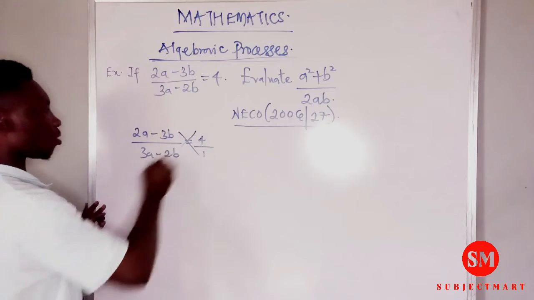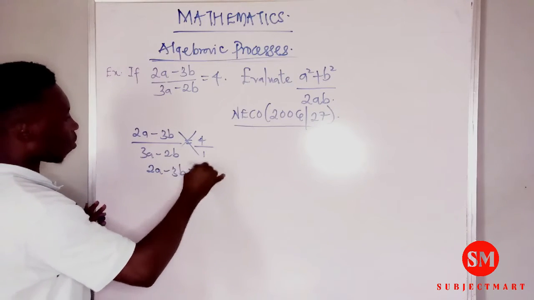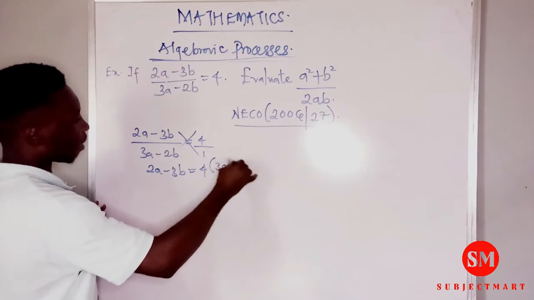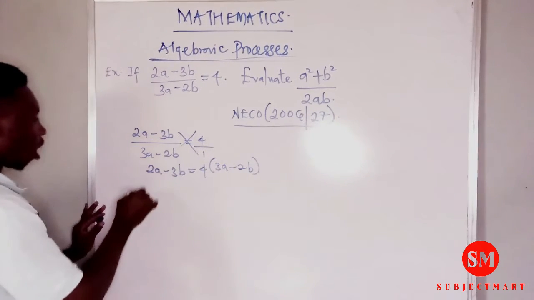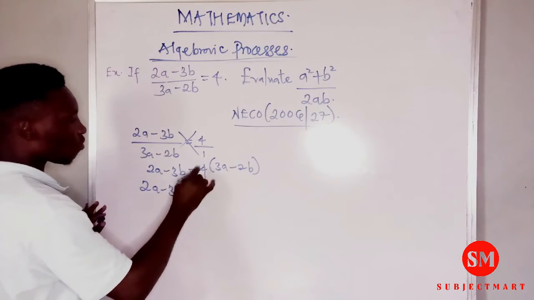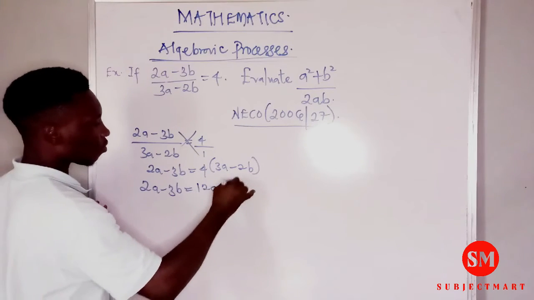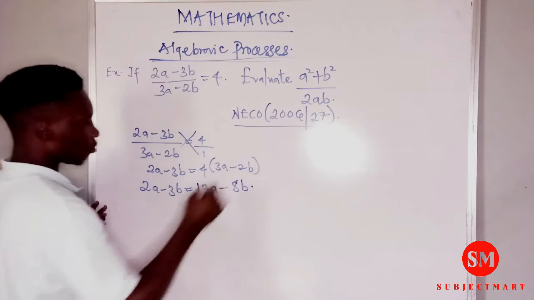At this junction, cross multiply. This becomes 2a minus 3b is equal to 4 open brackets 3a minus 2b. So this becomes 2a minus 3b is equal to 4 times 3, that gives us 12a, minus 4 times 2, that gives us 8b.